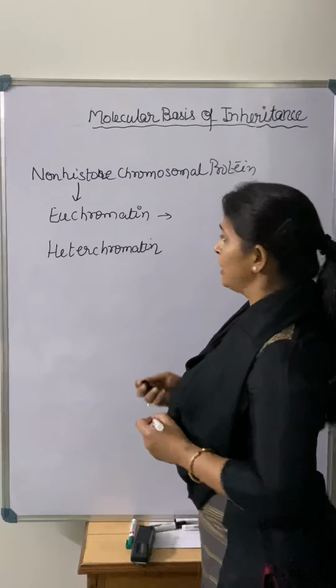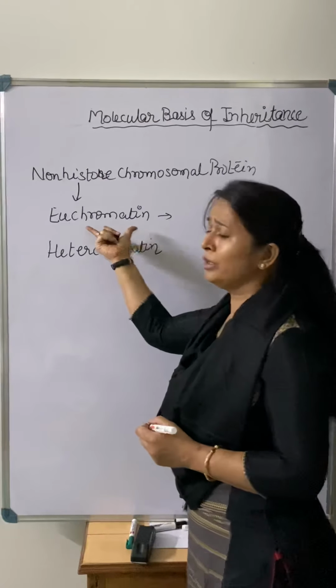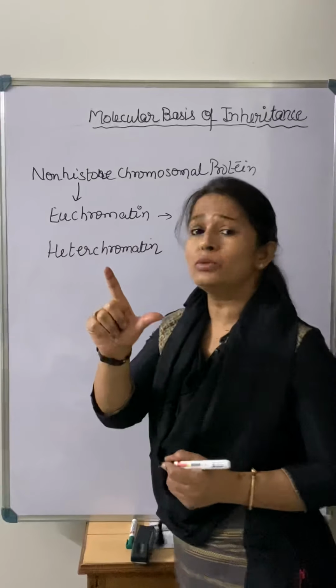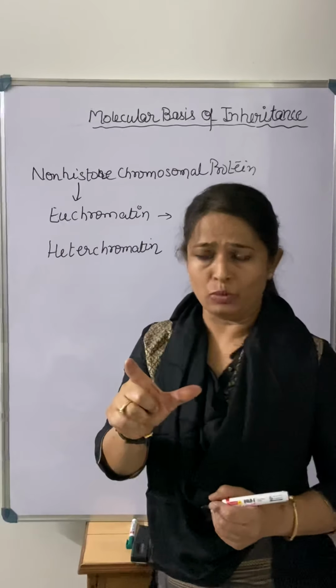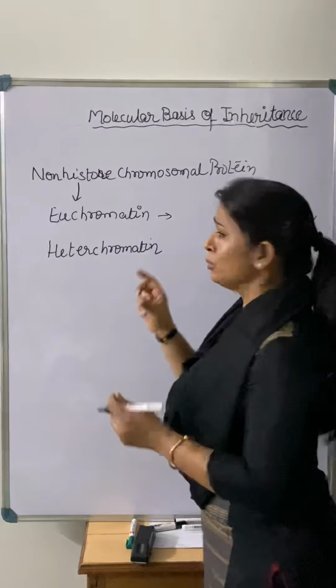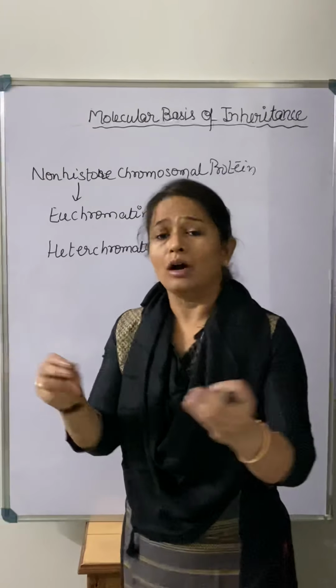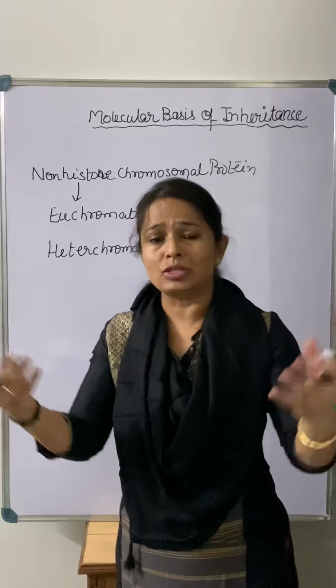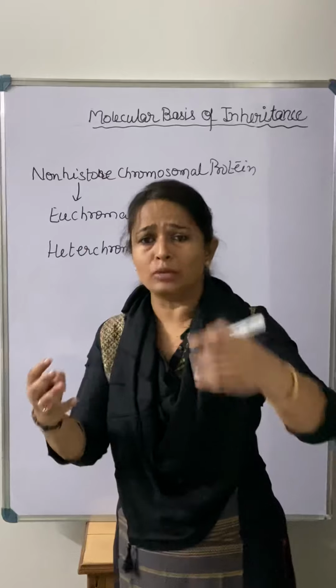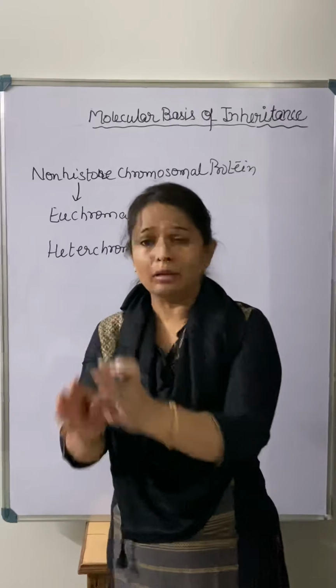So why is that? Because euchromatin is the loosely packed part of the chromosomes, right? Due to the loose packing or loose structure, when the stain comes, it goes inside and spreads.